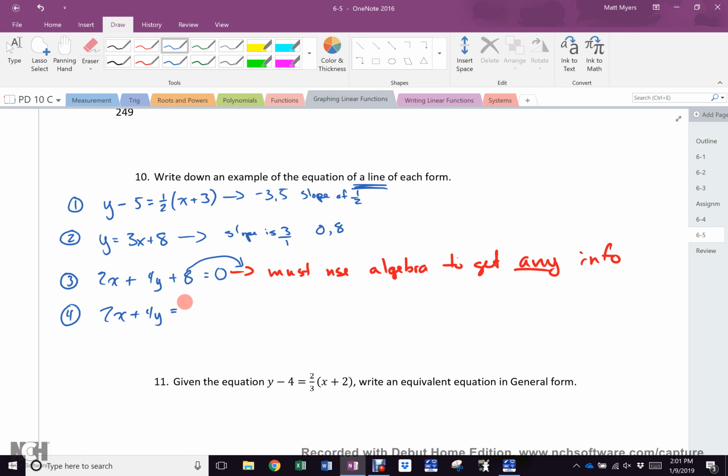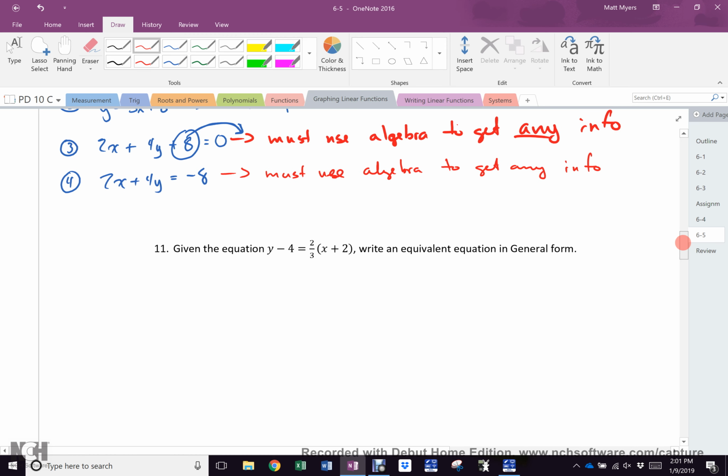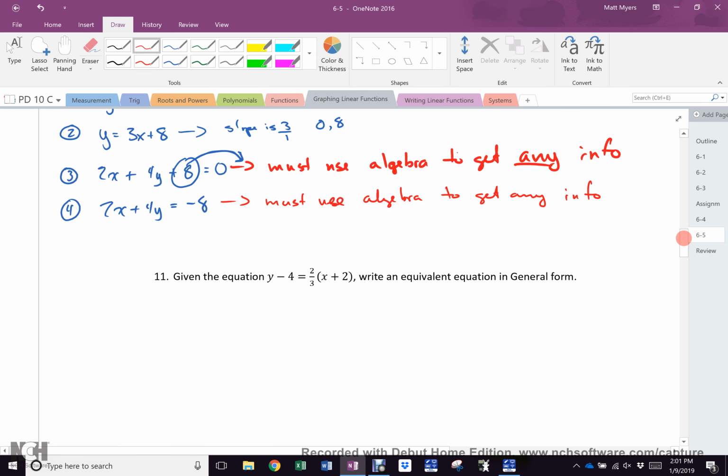What is it really? C, which is this, and it's got to be moved over there. So what is it? Negative 8. I said that, you just didn't hear me. How'd you know? Okay.